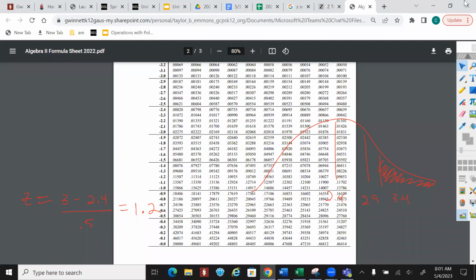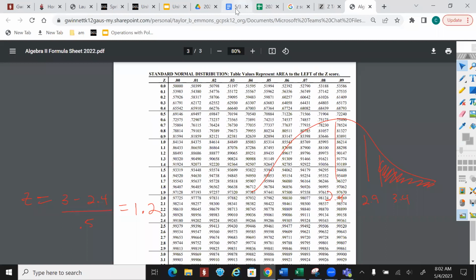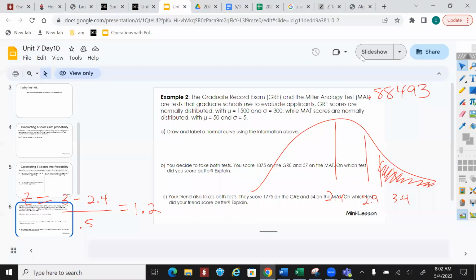So again, we're going to go to page 20, start at 0, 0, go down to where it says 1.2, and go to the right one time. And it says 0.88493, right?